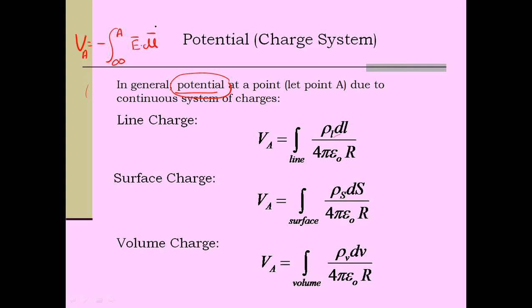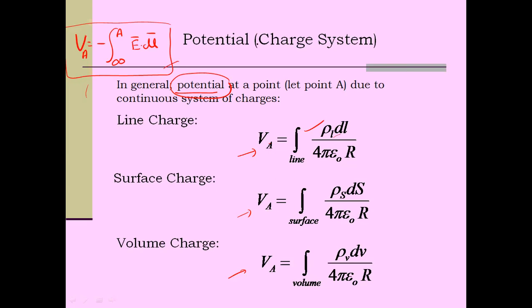So we have two options to calculate the potential: use the equations that we have defined, depending on your charge distribution, or go back to this basic equation used before, where the potential at point A is negative integration from infinity to A of E dot dl. Remember, potential is defined with the initial point at infinity, so that's why we integrate from infinity to the point of interest.